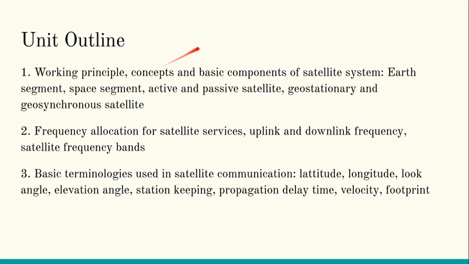First is working principle, concepts and basic components of satellite systems like Earth segment, space segment, active and passive satellites, geostationary and geosynchronous satellites. Second is frequency allocation for satellite services, uplink and downlink frequencies, satellite frequency bands. Then we'll see some basic terminology like latitude, longitude and all.